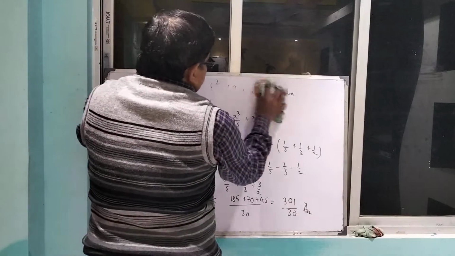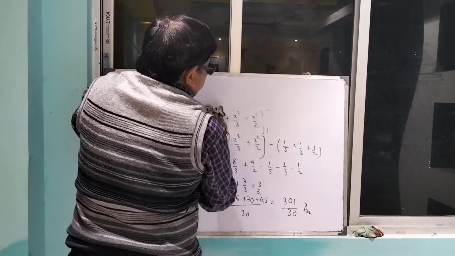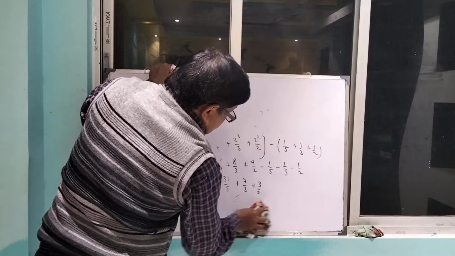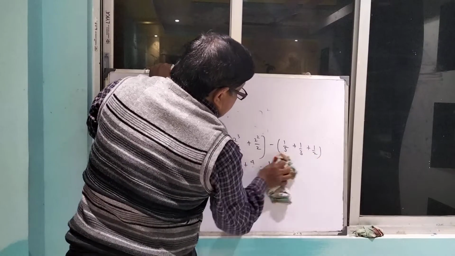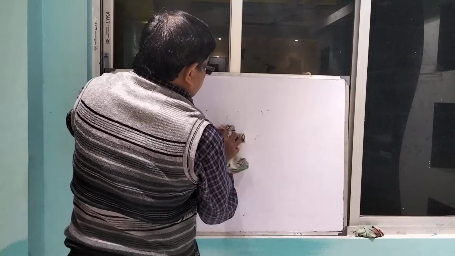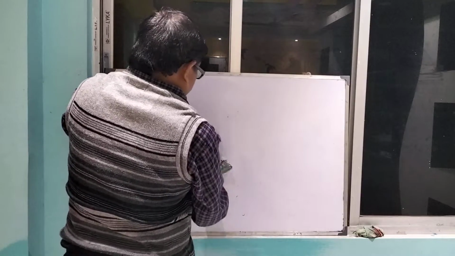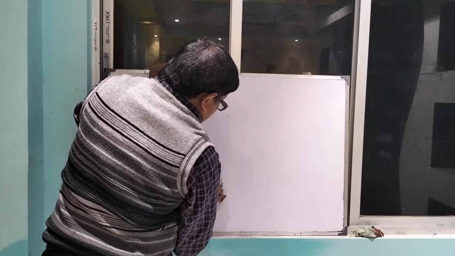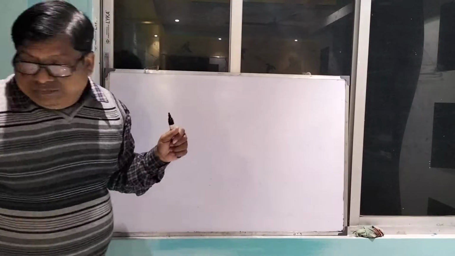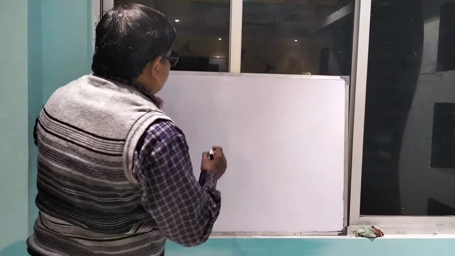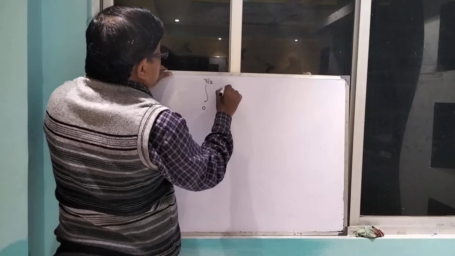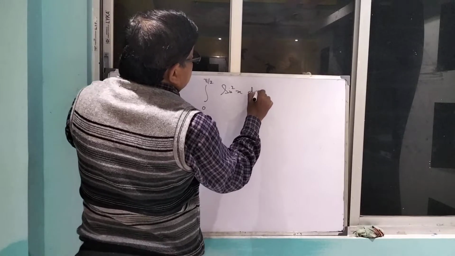Again I am showing. Suppose 0 to pi by 2, sine square x dx.